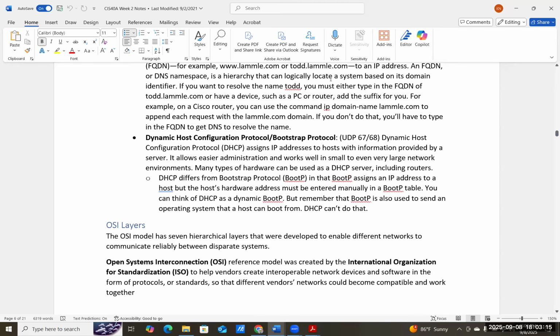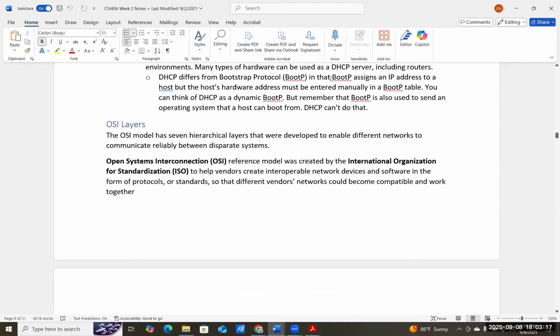Okay, so let's talk about OSI layers, and you must know OSI for Network Plus, right? I guarantee that you're going to get a few questions on OSI. This was a model that was created so that we can have many different vendors for your network devices and still have the services and communication you have.